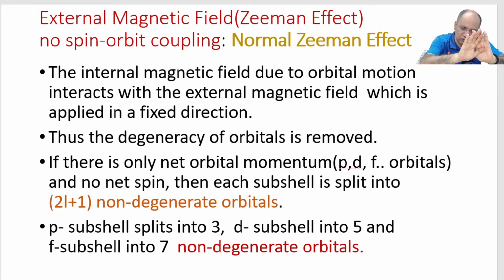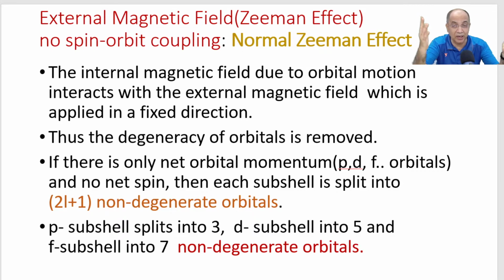No, don't consider spin orbit coupling. Only consider that there are two types of momenta: the orbital angular momentum, that is capital L, which is root of small l into l plus 1 times h by 2 pi, and that generates a magnetic dipole moment.